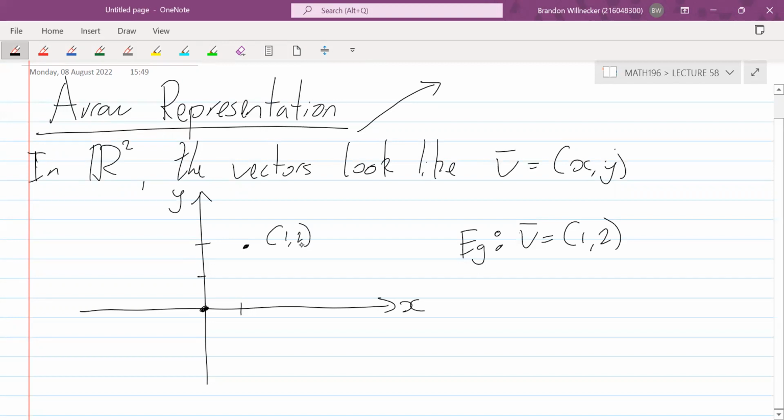Now, that's not the vector, that's the point 1, 2. The vector is going to be the arrow from the origin to that point. So it's something like that. Okay, so that is the vector 1, 2. And we can draw another vector, let's say here.